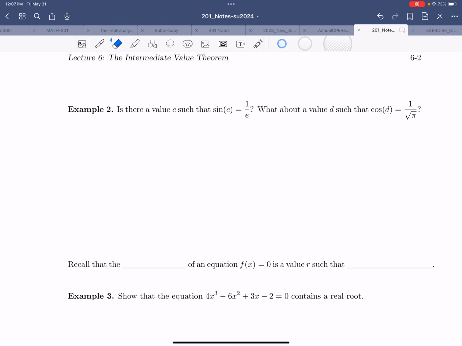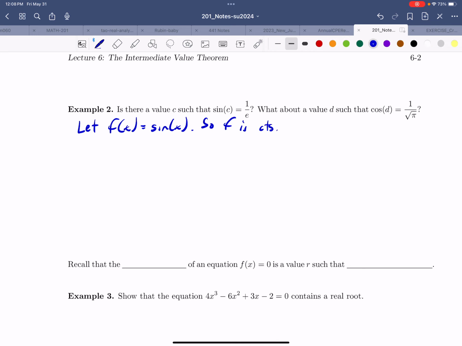I'll say let f of x equal sine of x. So f is continuous everywhere. Okay?